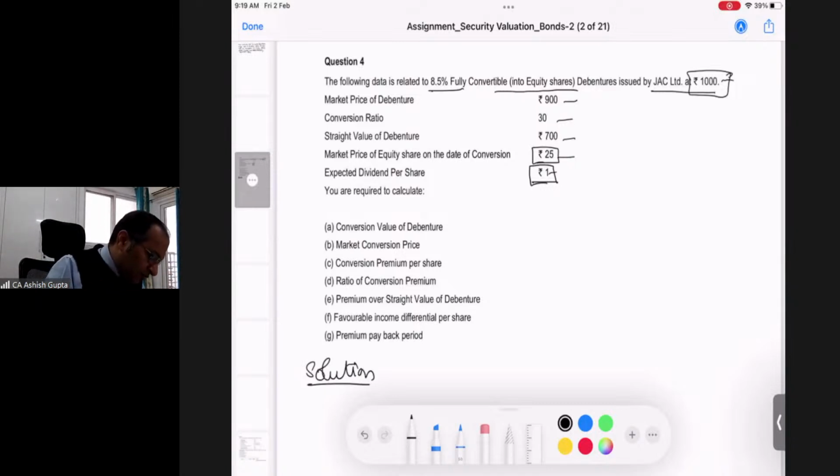Now we are required to calculate conversion value of bonds, market conversion price, conversion premium, ratio of conversion premium, premium over straight value of debenture, and favorable income differential per share. Some of these are new terms that I will discuss with you now in this question.